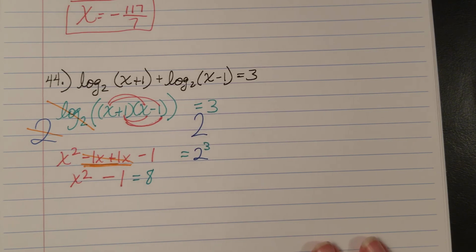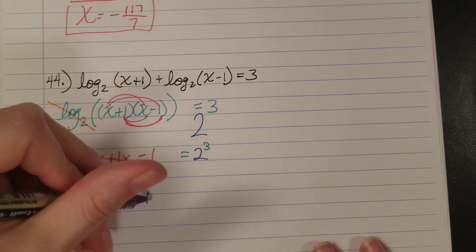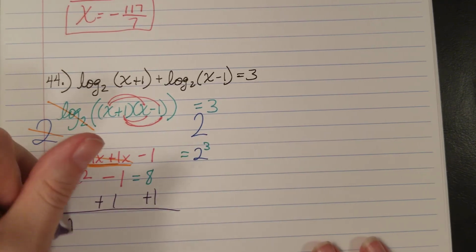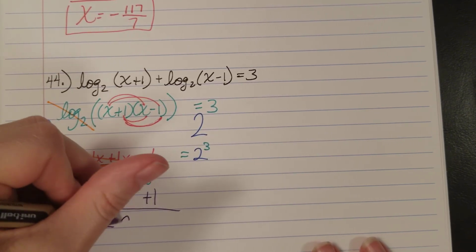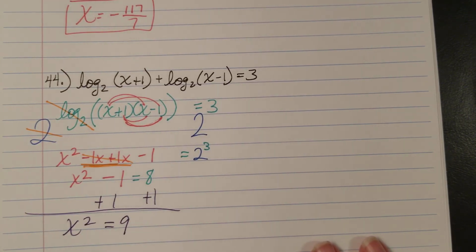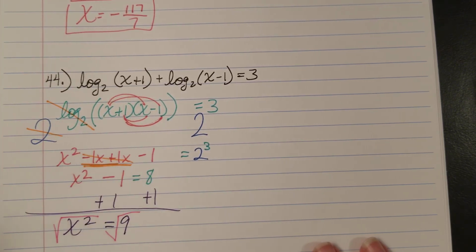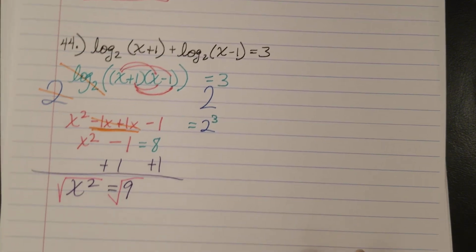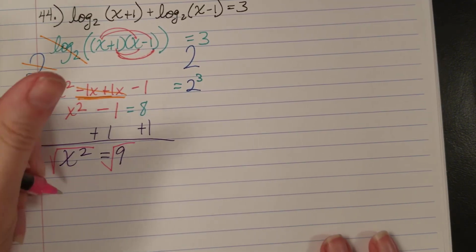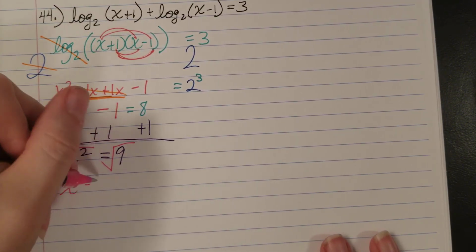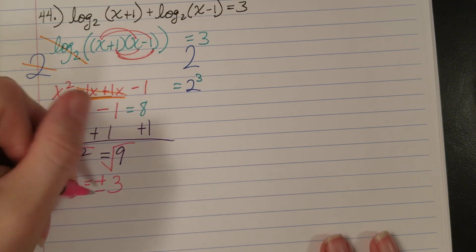All right, let's go ahead and add 1 to both sides. So x squared equals 9. Then let's take the square root of both sides. When you take the square root, that's going to make it plus or minus 3.